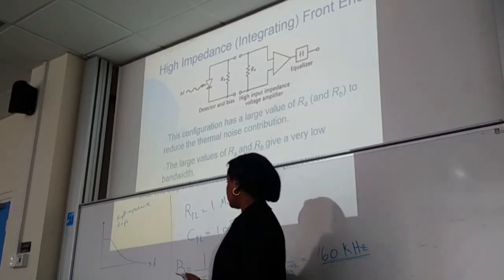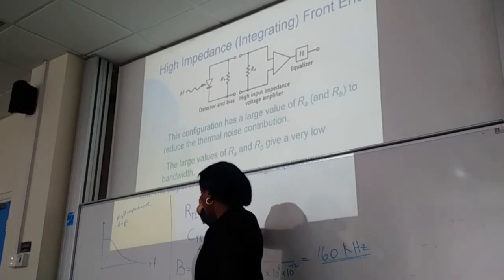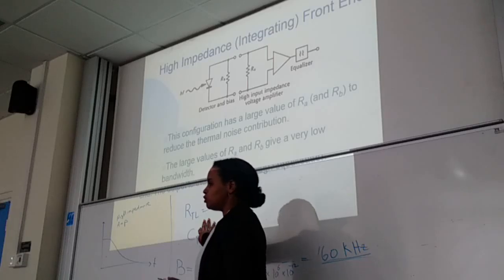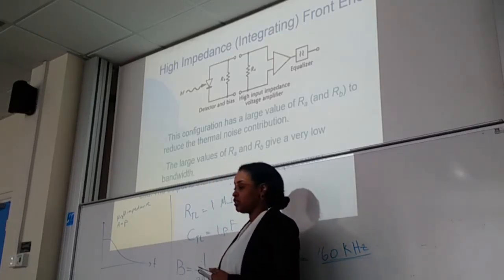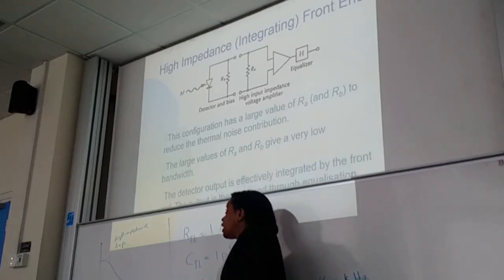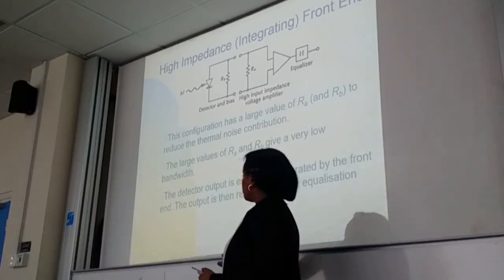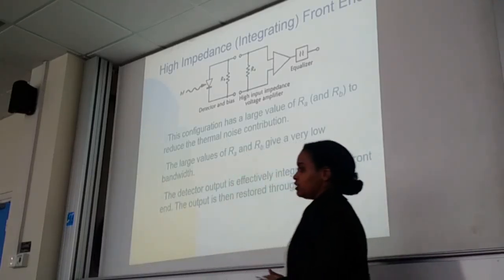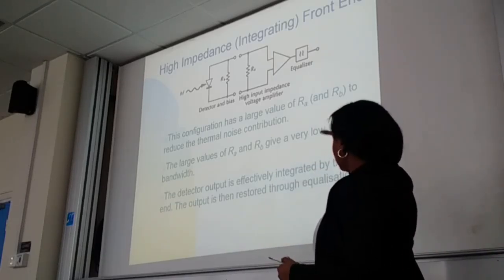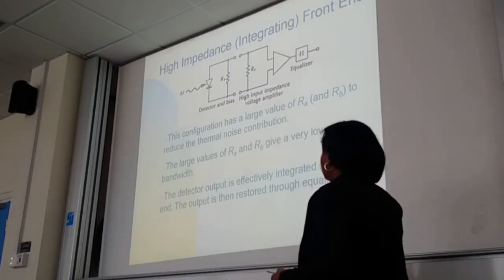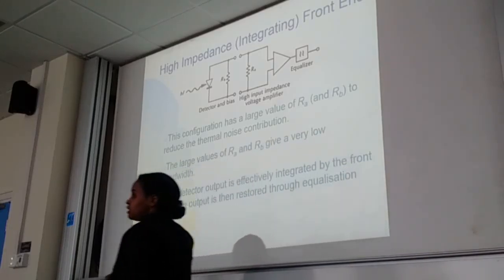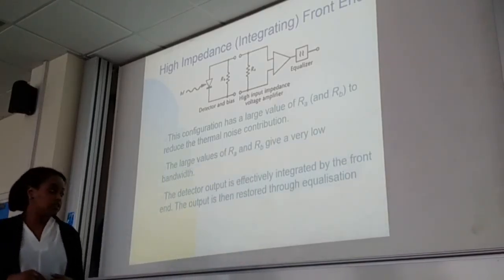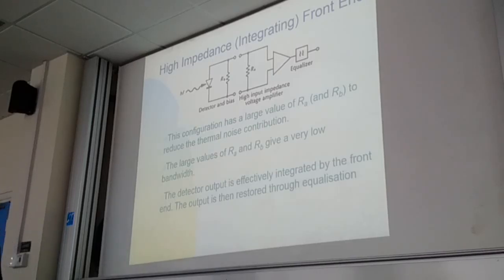Okay, so you can see that increasing the resistance while decreasing the capacitance will not solve the problem. Still, we have a very limited bandwidth. So that's why we go for such a structure where we need to introduce equalization and sacrifice the dynamic range of the receiver. Is it clear?